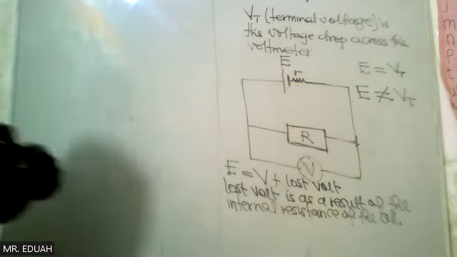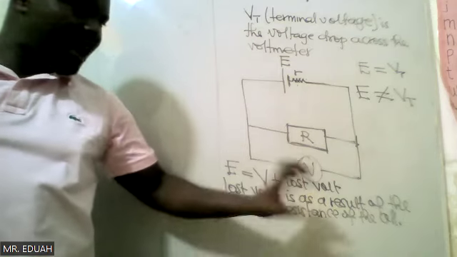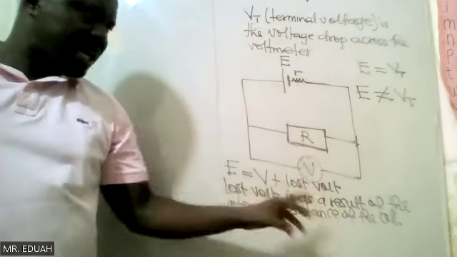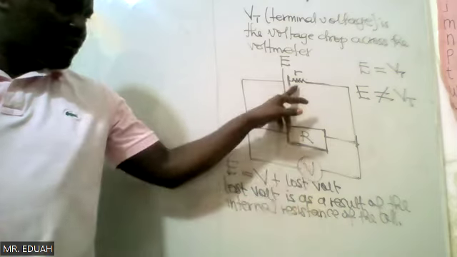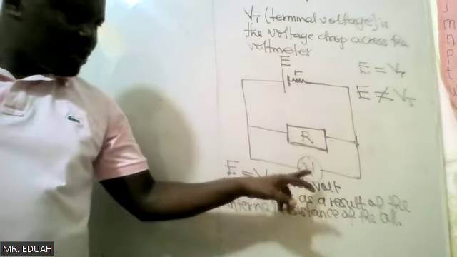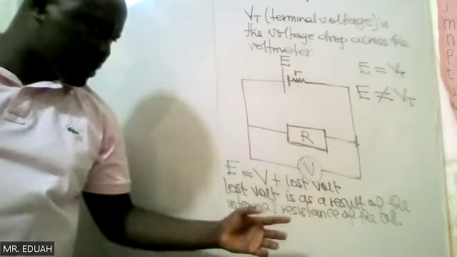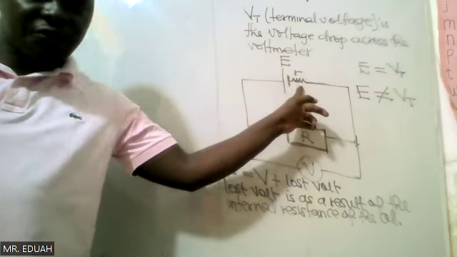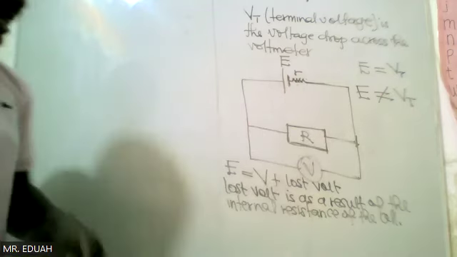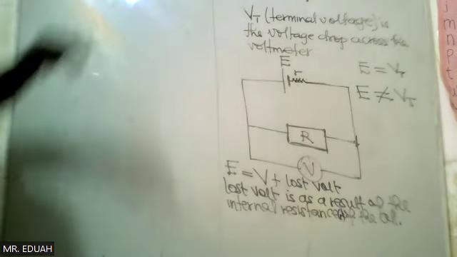And it shows up whenever an external resistor is connected. If you haven't connected an external resistor, you still have this equal to this. But the moment you connect an external resistor, you realize that this will not be equal to this. There will be a lost volt. And the loss is as a result of the internal resistance r of the battery.